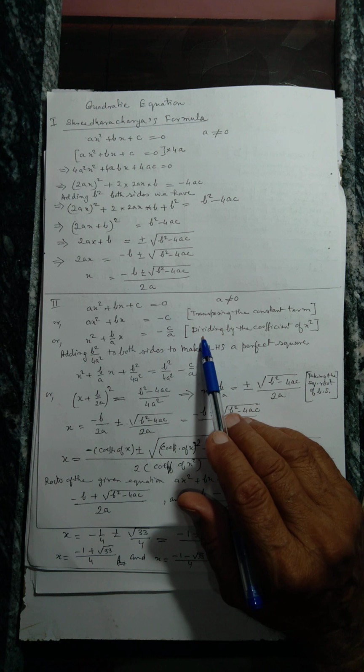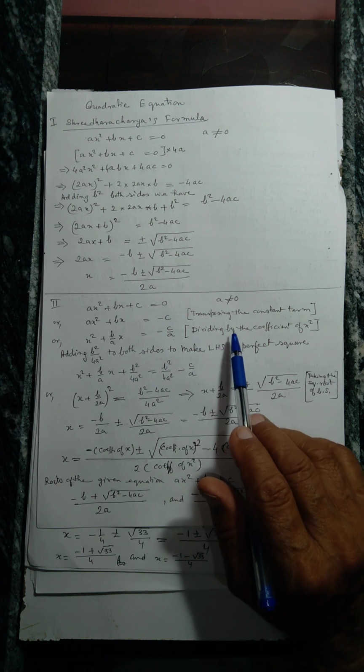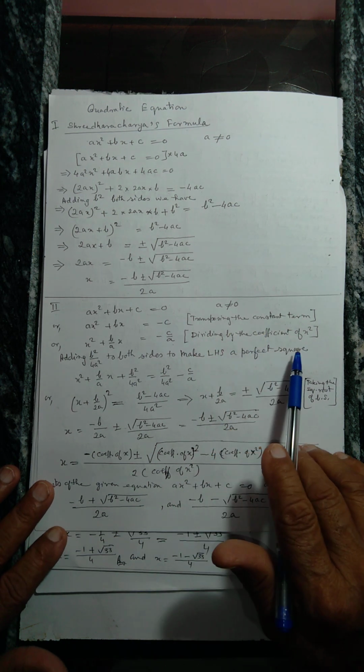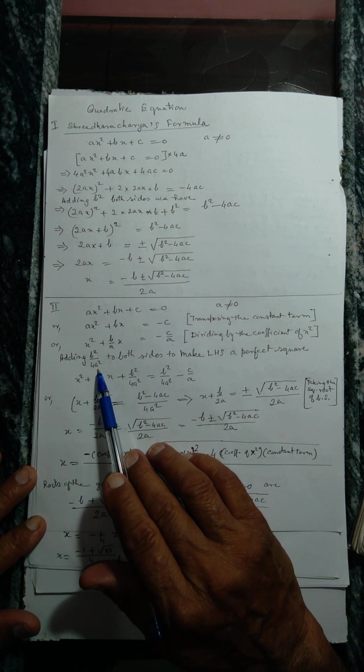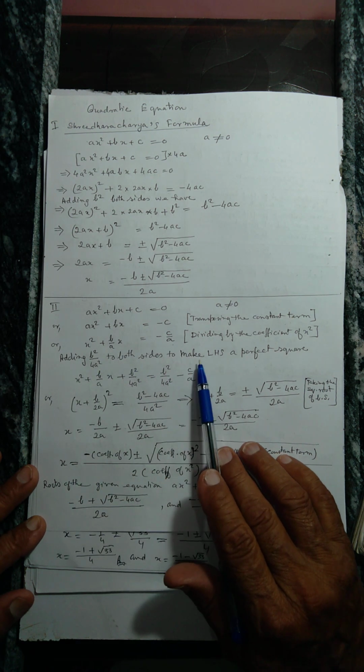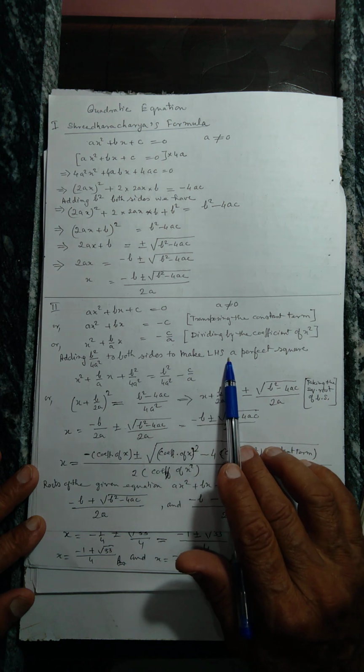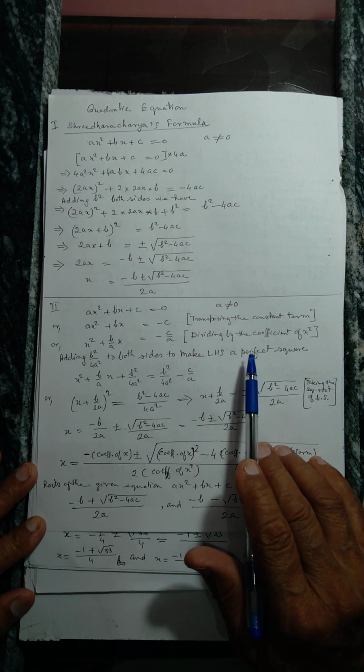This I have mentioned here, dividing by the coefficient of x square. Now adding b square by 4a square to both sides to make the left hand side a perfect square.